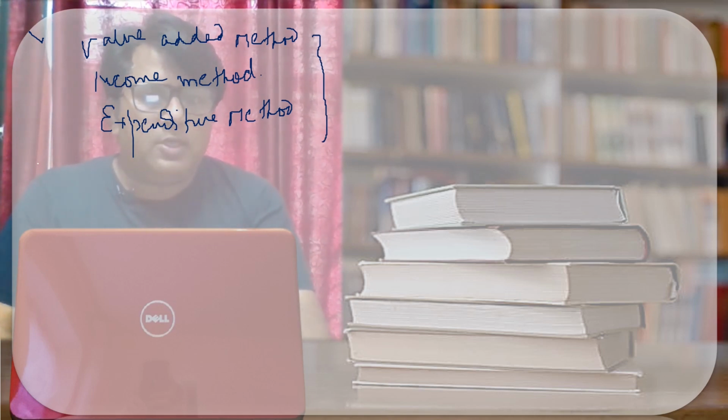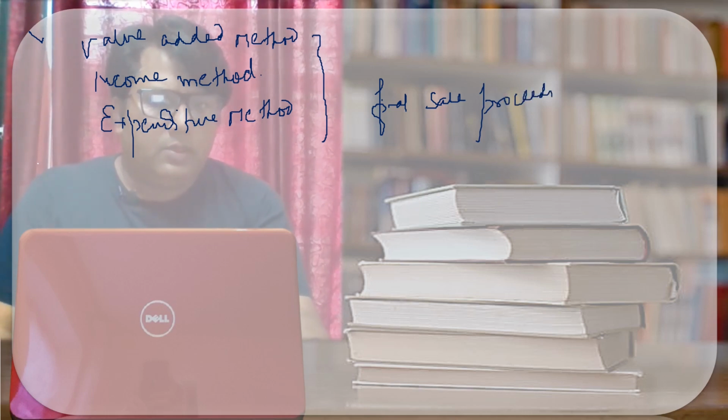We should consider the final sale proceeds, number 1, on the basis of the value added method. On the basis of the income method, we should consider what? We should consider the compensation of employees.